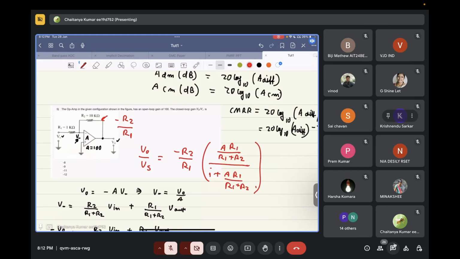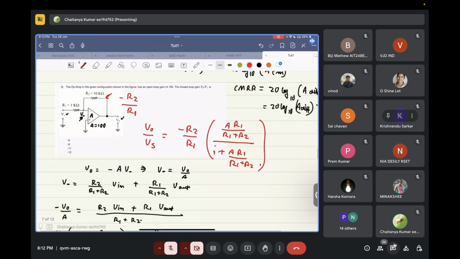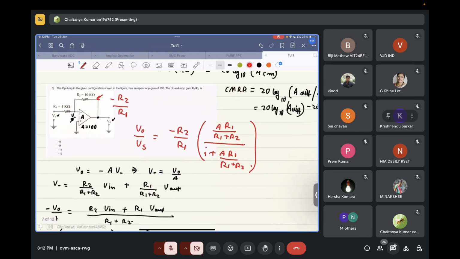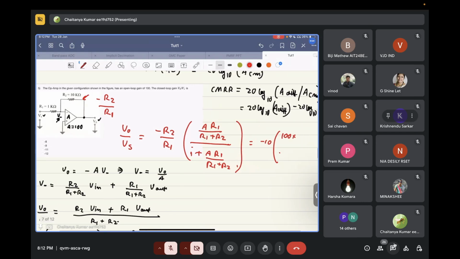Substituting the values, we have minus 10 times 100 into 1 by 11 divided by 1 plus 100 into 100 by 11.